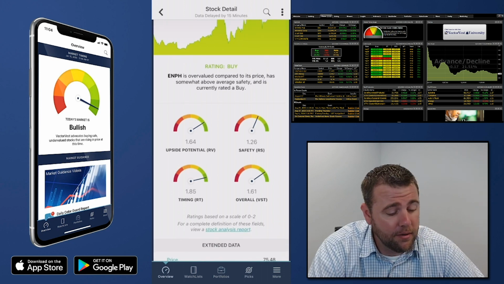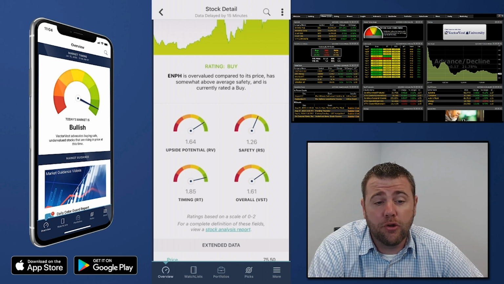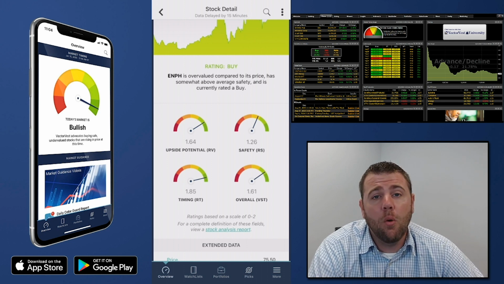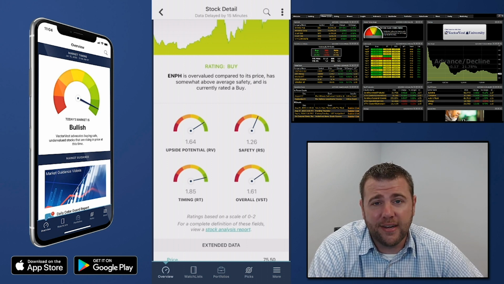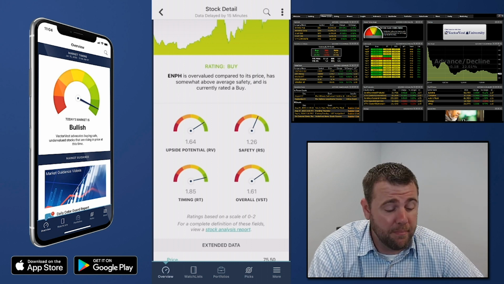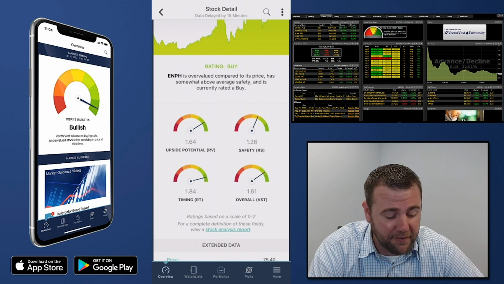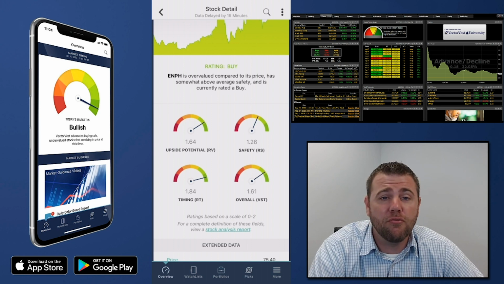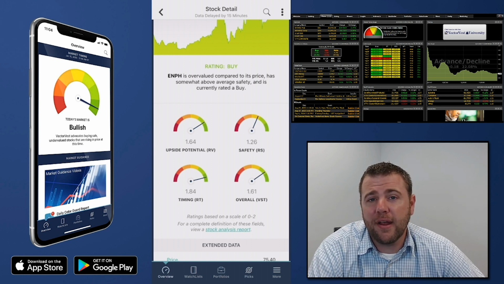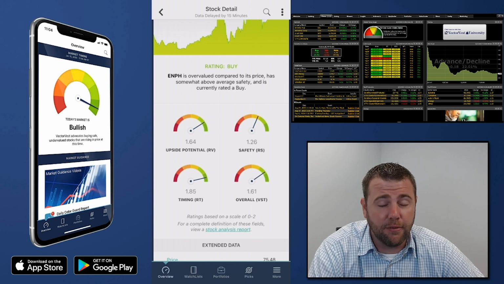Then the timing, this is more of the technical indicator. So above 1, the closer to 2 it is, the stronger the uptrend. Below 1, the closer to 0 it is, the stronger the downtrend. As we can see at 1.85, it's been rocking and rolling, been making a lot of people a lot of money. So overall, the stock is definitely favorable because the VST is looking at a combination of all three of those wrapped into one. This is a great indicator you're not going to really find anywhere else. A lot of places just look at either the fundamentals of a stock or the technicals of a stock.